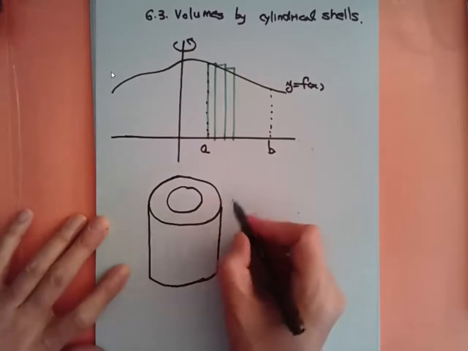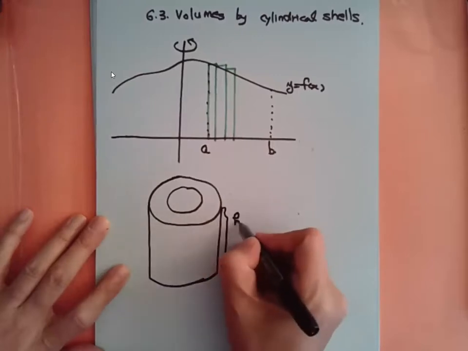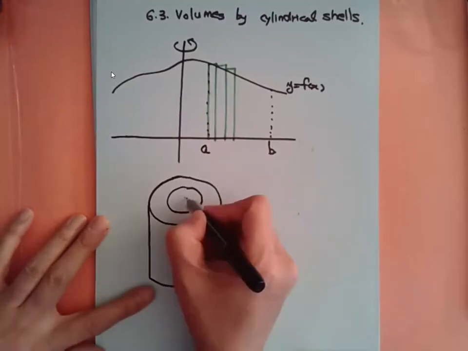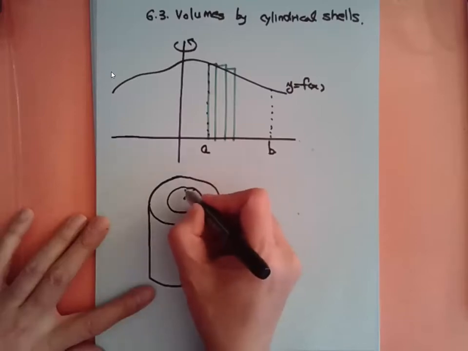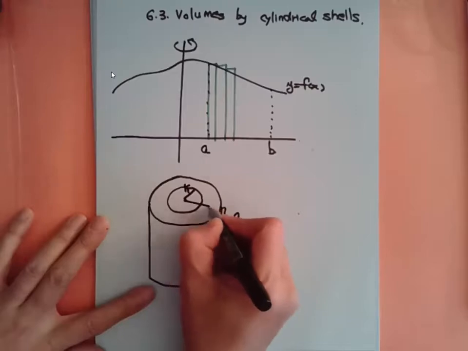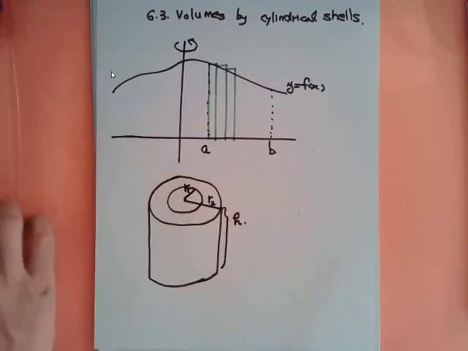And then this is the height. Let's say the radius of the smaller circle is r1. This radius, of the larger circle, is written as r2.